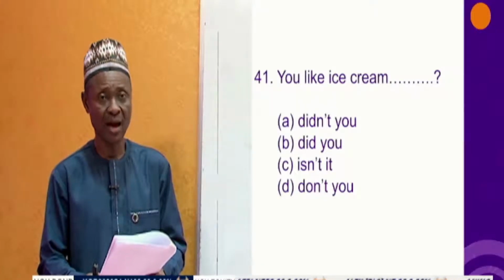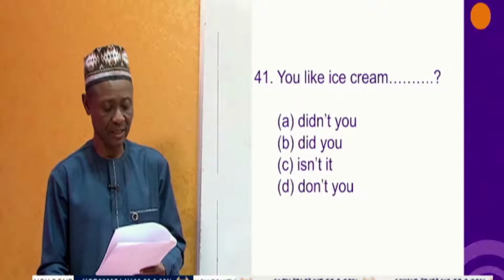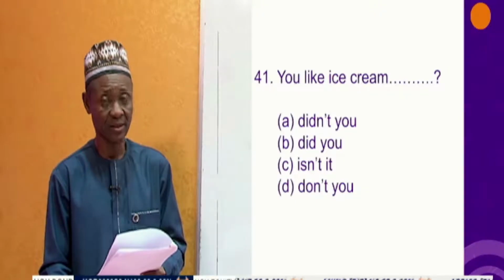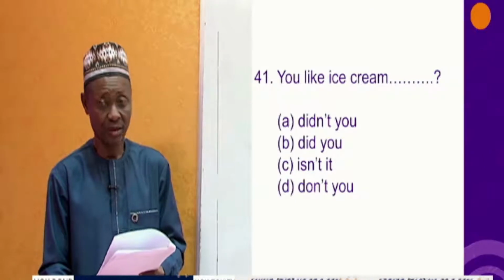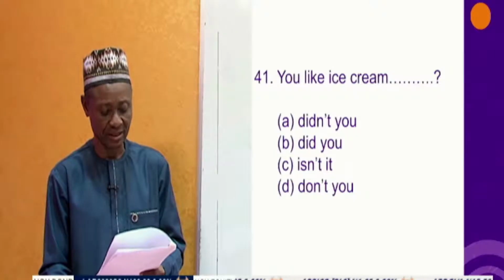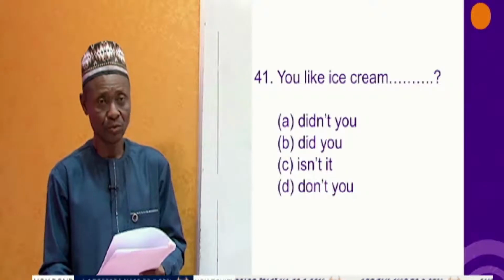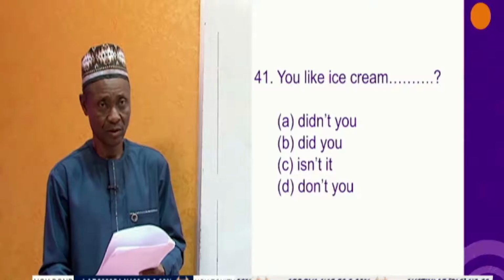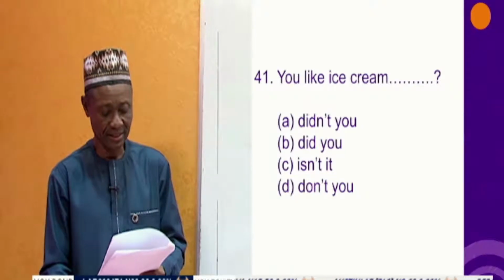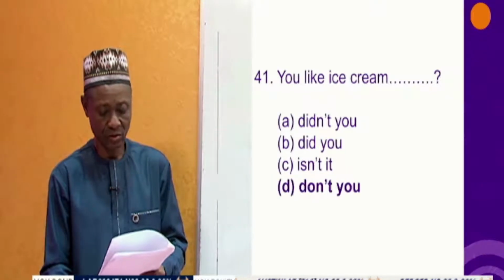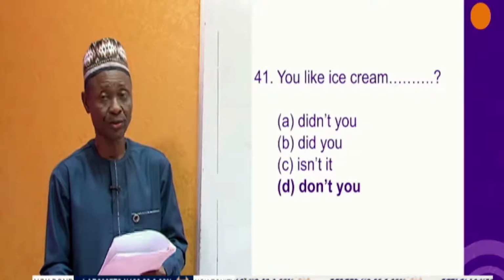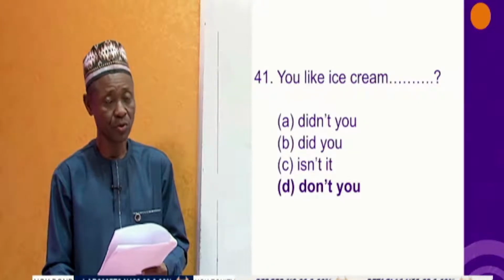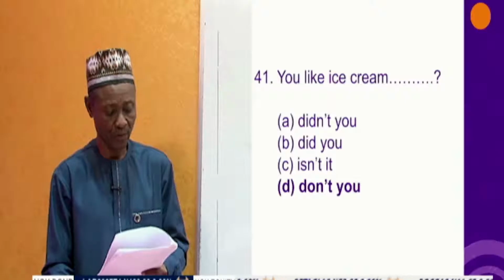And of course, when you have a verb that is lexical in nature, like, which is what we have here, the verb in the tag will become do, don't, does, or didn't, as the case may be. So the appropriate answer is option D, which is don't you.